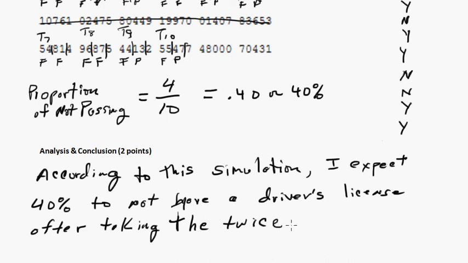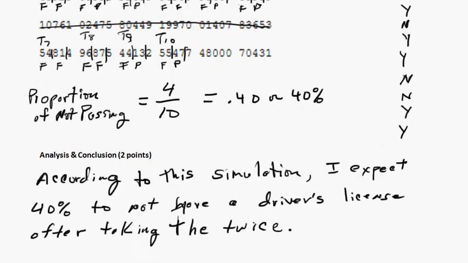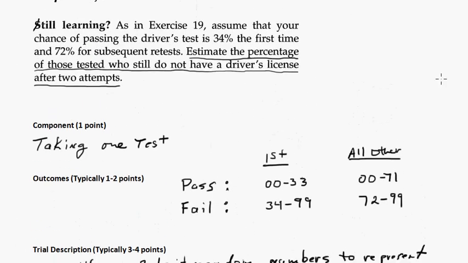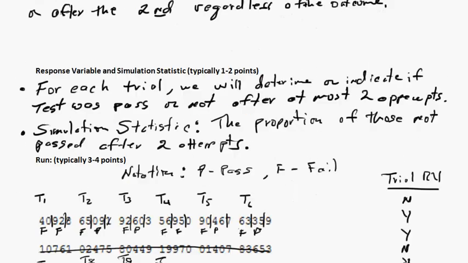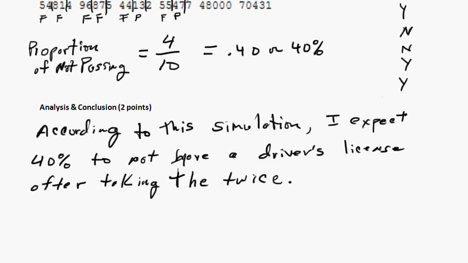Sorry about that. So I'm pretty sure, let's just double check, make sure we're answering the question. Estimate the percentage of those tested who still do not have a driver's license after 2 attempts. Okay? So my wording's a little bit different, but I think I answered the question. Alright, so that's how you do this problem.